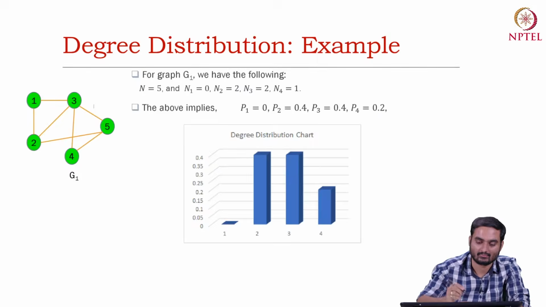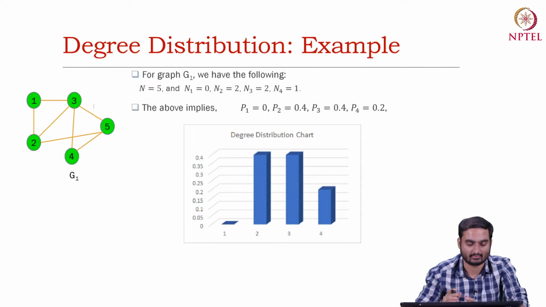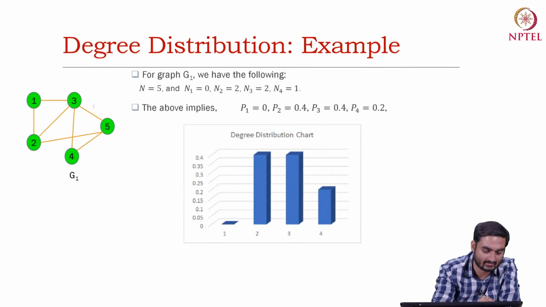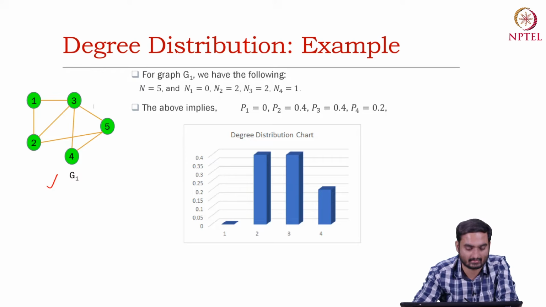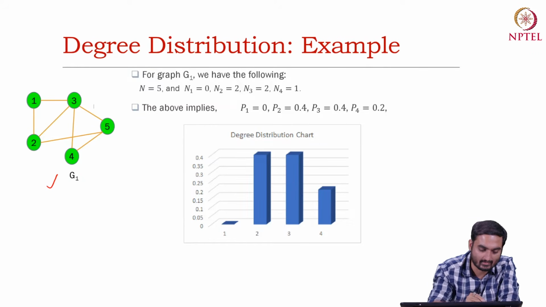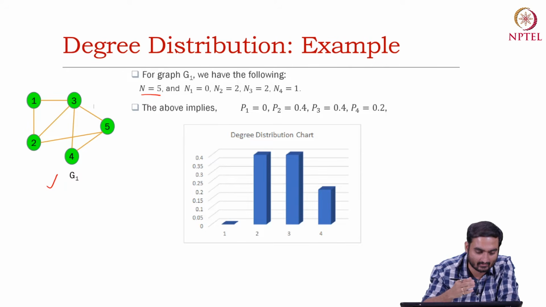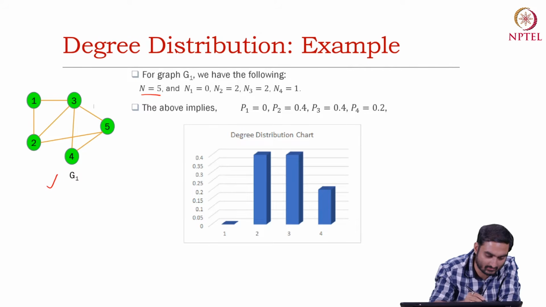Let's look at an example first, and then we discuss. So let's take this G1. This is a graph, and how many nodes are there? We have 5 nodes, so N equals 5. Let's look at what degrees are present in this graph. What's k max?